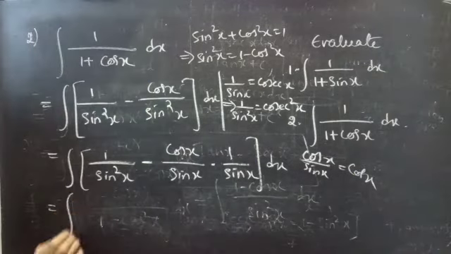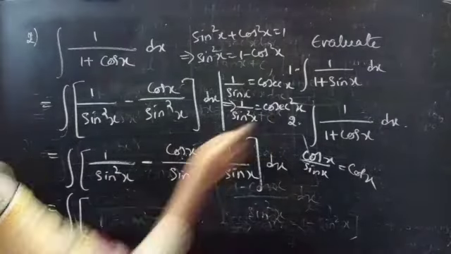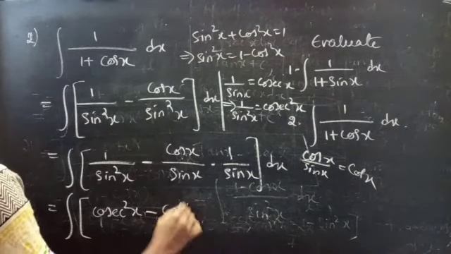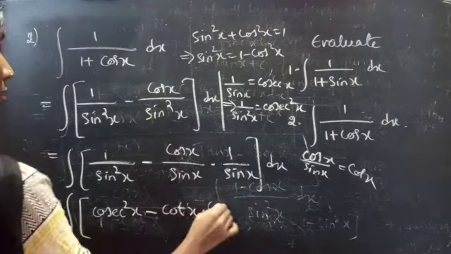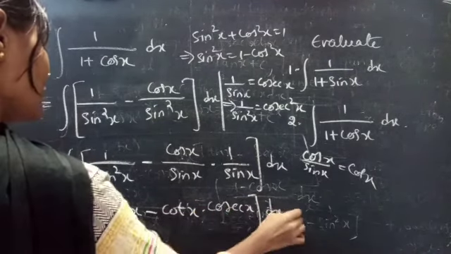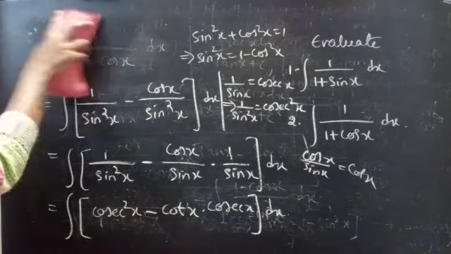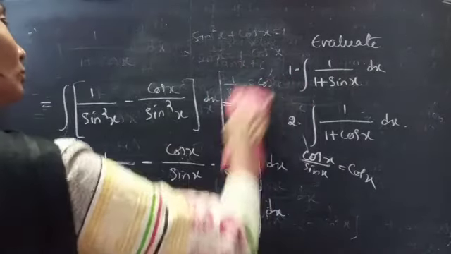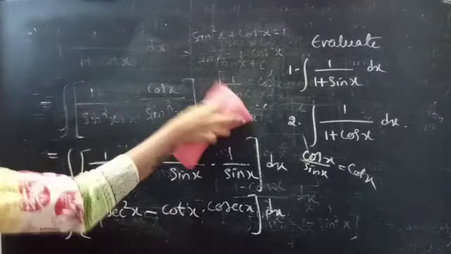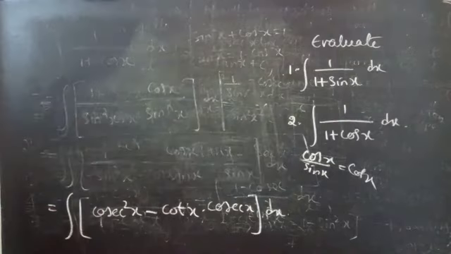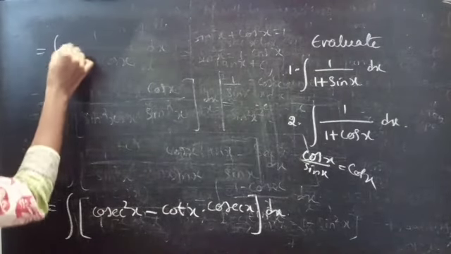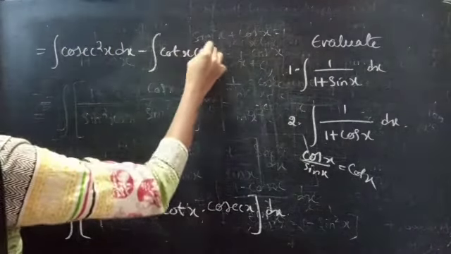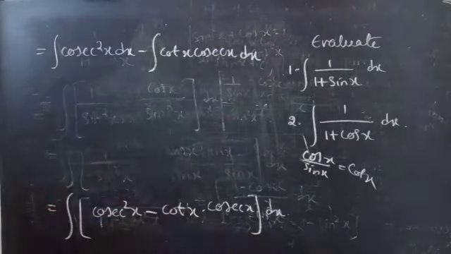So this becomes the integral of 1 by sin square x, which is cosecant square x, minus cos x by sin x, which is cot x, into 1 by sin x, which is cosecant x, dx. This equals the integral of cosecant square x dx minus the integral of cot x into cosecant x dx.